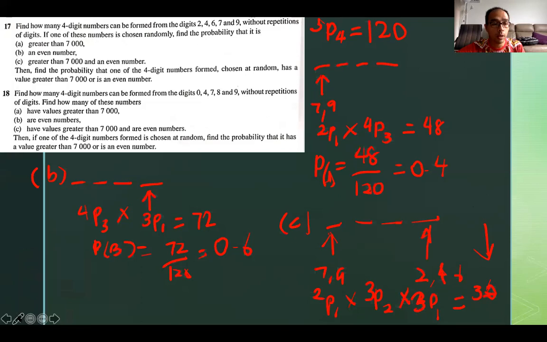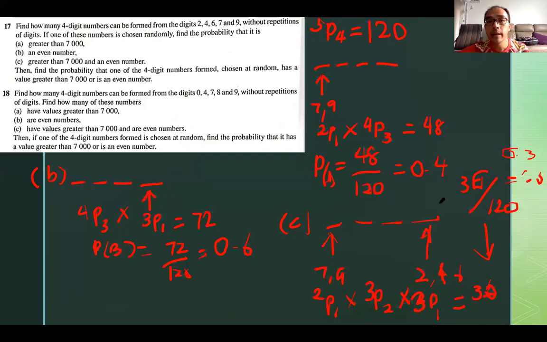Okay, so the probability of this happening is 36 out of 120, which I wonder if it's about 0.3. Sorry, 0.3. Okay.